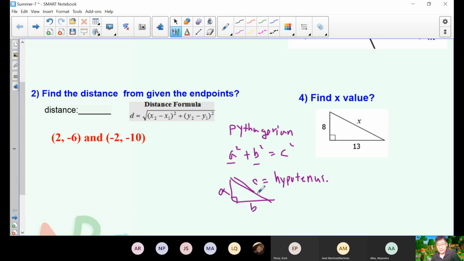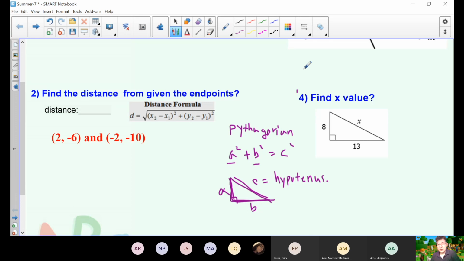The longer line, right? Leg and leg, right? It could be A, B, or it can be B and A. It doesn't matter, right? So look, here we have this, right? So we apply here 8, here 13, right?